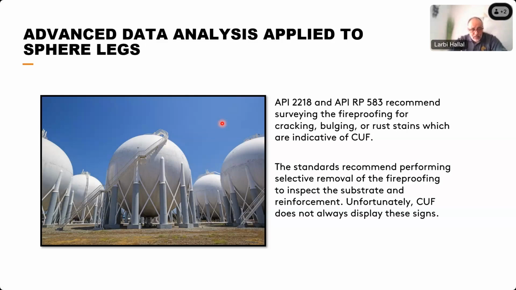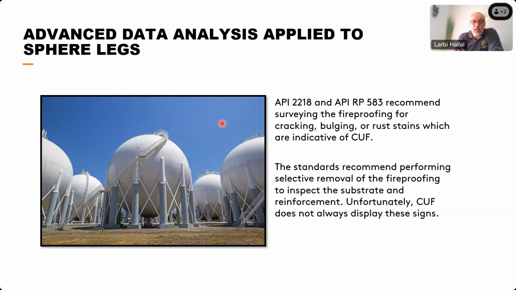The codes, API 2218 and API Recommended Practice 583, recommend that you survey the fireproofing for cracking, bulging, or rust stains, which will be indicative of corrosion under the fireproofing. Those standards recommend performing a selective removal of the fireproofing, so you'll have to open some windows in your concrete to access the pipe itself and make some inspection, some measurement.